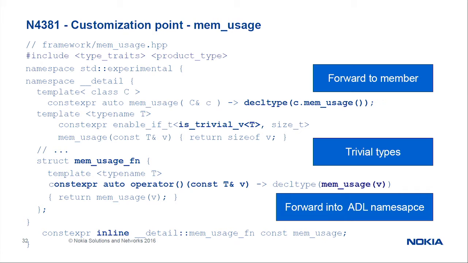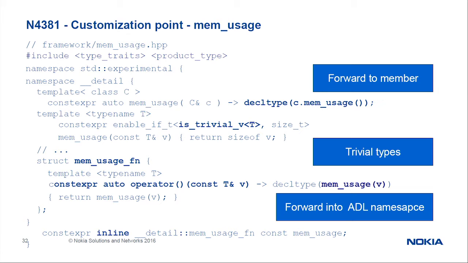Then I define in std experimental, I add a namespace detail, I add my forwarding function in case the user defines the mem usage.